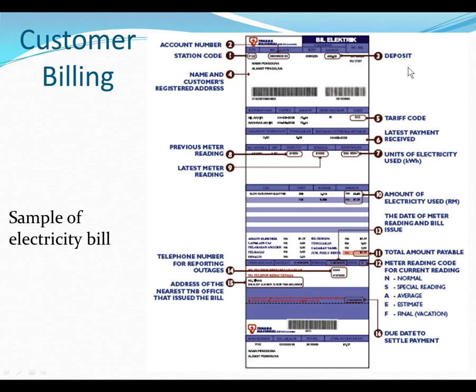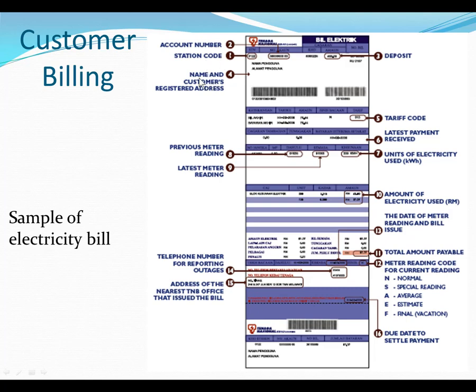If you are a commercial building under commercial tariff, you have to pay a different amount of money. Let's say for a three-phase shop, you have to pay around 1,500. For your house, maybe around 100 or 300, depending on the single phase or three phase that you use.